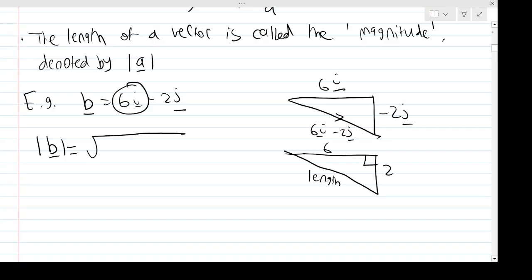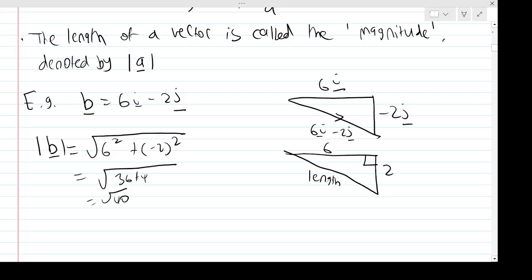So for 6i, the number 6, that'd be 6 squared. Then we add the other part, the j component squared, so that'd be minus 2 all squared, right? So that would be 36 add 4, which would be root 40, which goes to 2 root 10. Okay, so that's the length of the vector, the magnitude of the vector 6i minus 2j.